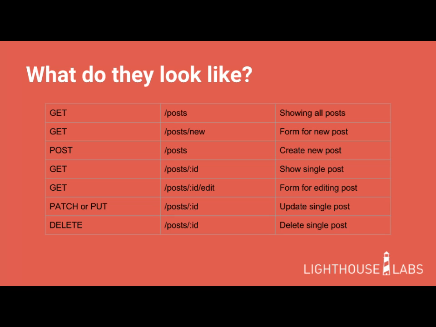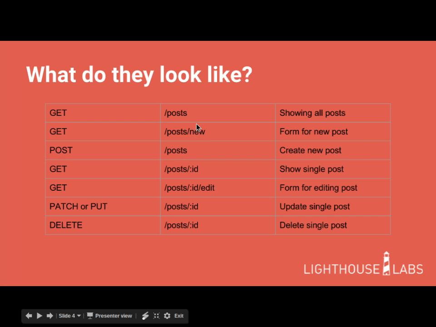So these two are really the flip side. Get a form, enter the data, and then send it someplace different. So these routes look very, very similar. Post /posts and get /posts, but they perform very different actions.